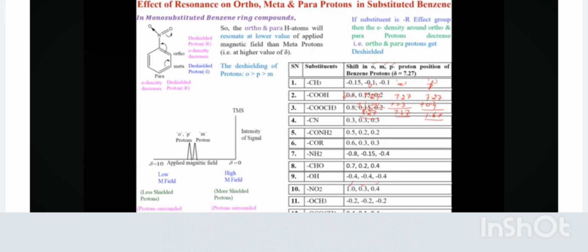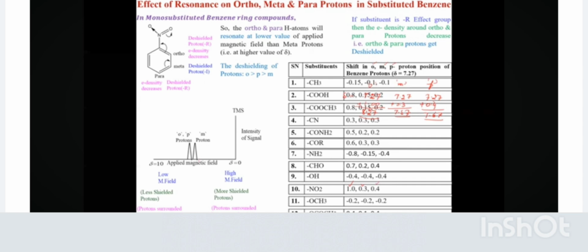Delta is equal to 7.27. CH3 0.15, 0.1, 0.1. COOH 0.8, 0.15, 0.2. COOCH3 0.8, 0.15, 0.2. CN 0.3, 0.3, 0.3. CONH2 0.5, 0.2, 0.2. COR 0.6, 0.3, 0.3. NH2 0.8, 0.15, 0.4. CHO 0.7, 0.2, 0.4.